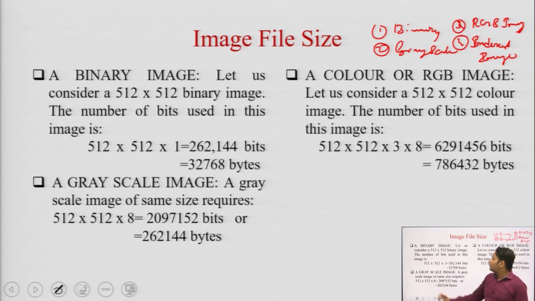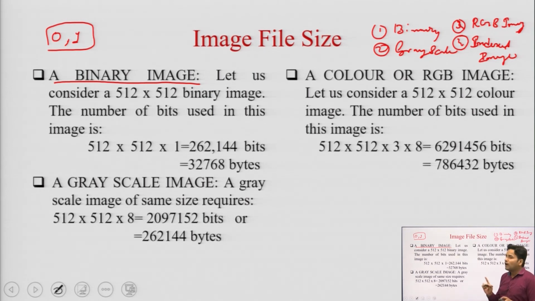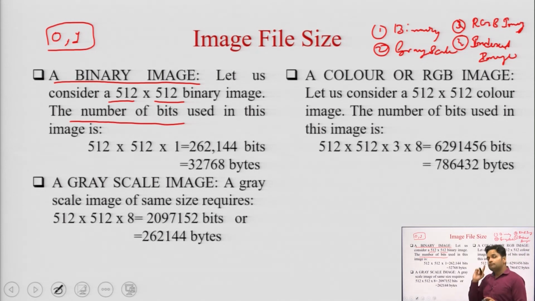So, if we talk about the binary image, it gives the idea of 0 and 1. So, you only have to change one bit, whether it should be a 0 or a 1. So, see, if we have total number of rows, that is 512, and total number of columns, that is 512, then for the size of the binary image, only one bit is required.